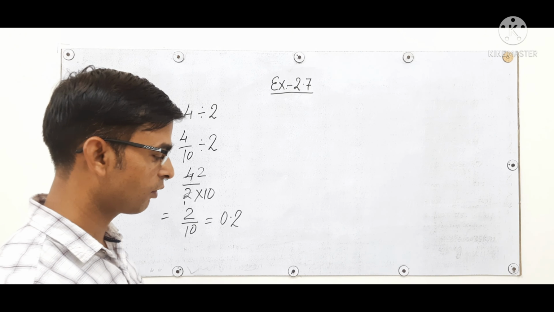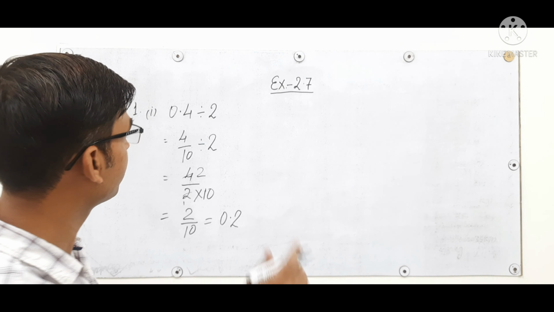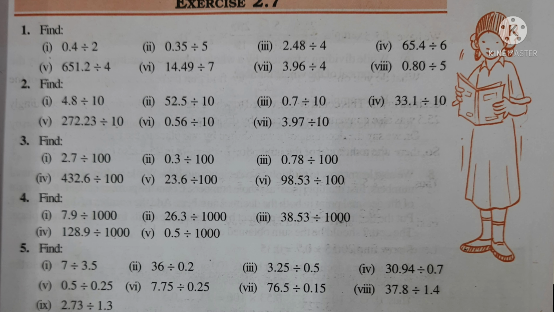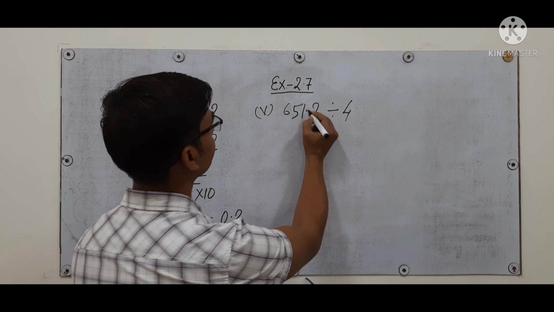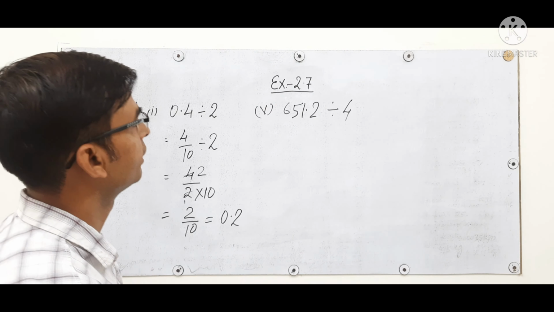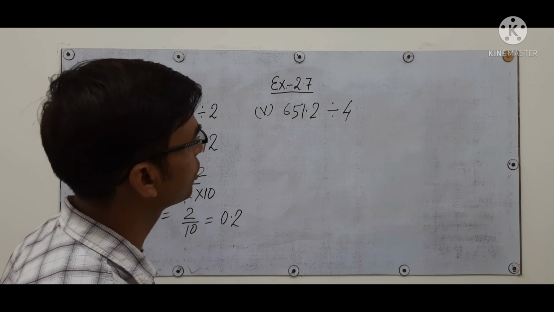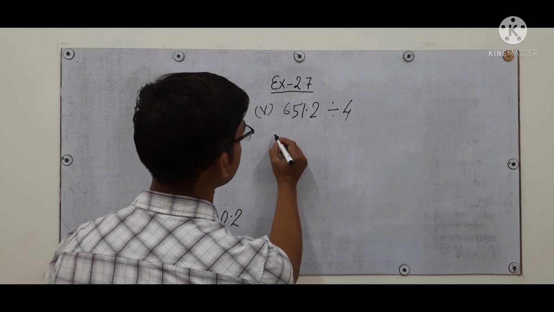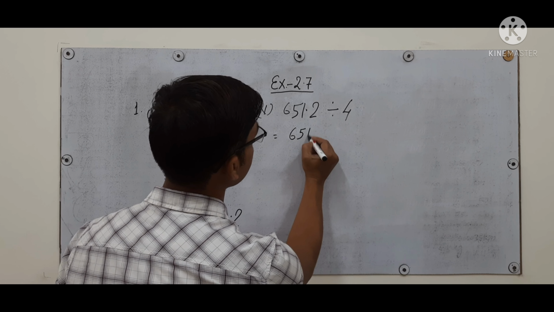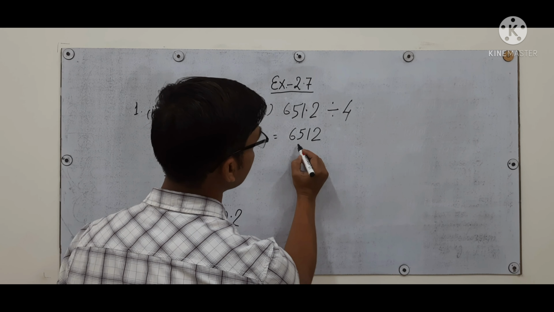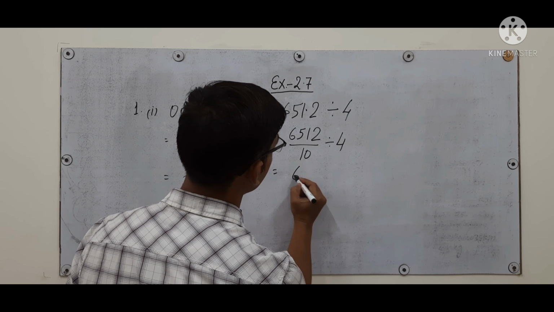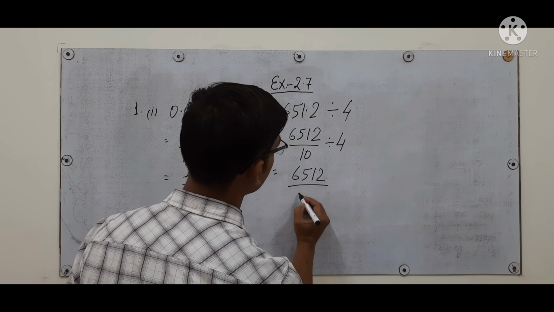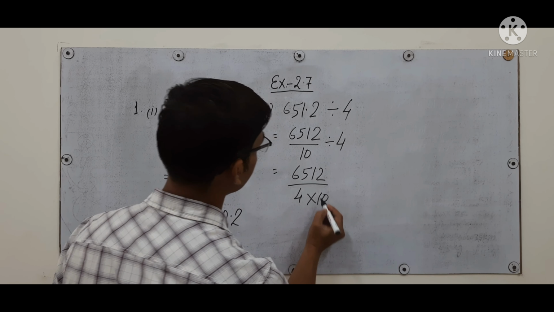Now I am going to solve question 1, part 5. It is 651.2 divided by 4, and here this is a big number which we have to divide by 4. First of all we will replace the decimal, and here it is after 1 digit, so it will be 6512 upon 10 divided by 4, and we can write it as 6512 upon 4 cross 10.